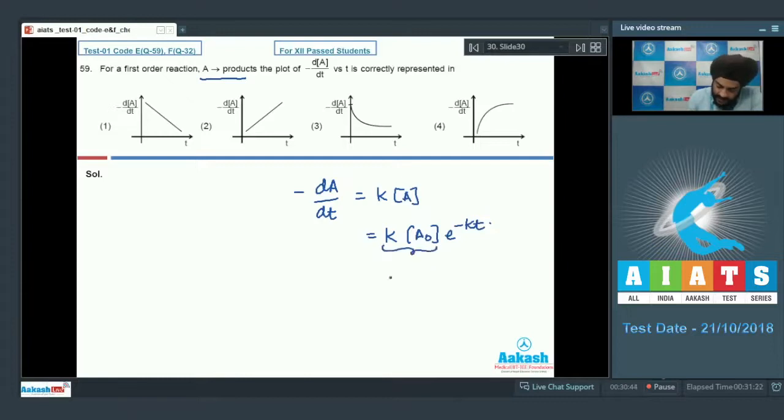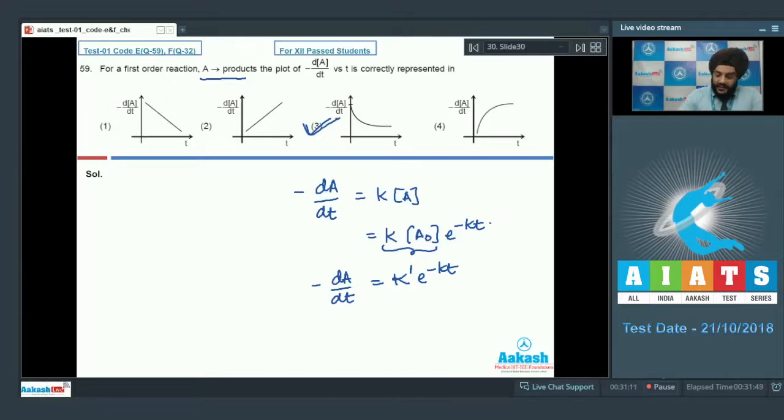So this term is a constant, so it can be written as some other constant k' into e to the power minus kt. So if we draw the plot of -dA/dt with respect to time, it is going to be decreasing exponentially. So exponential decrease is given in option 3, which is the correct answer for our question.